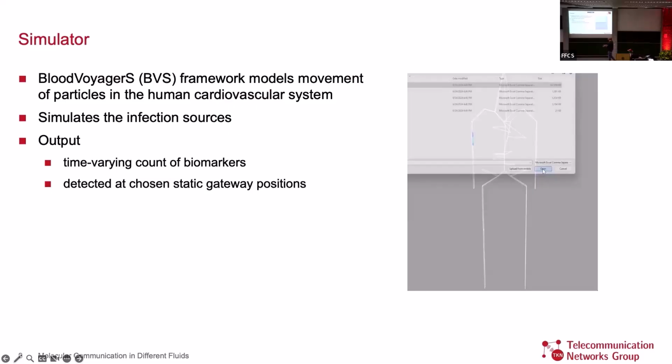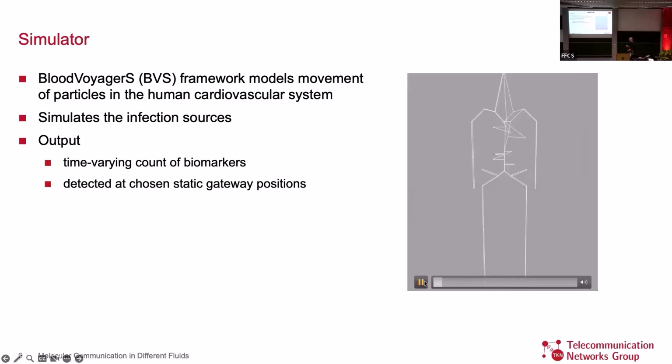So I already mentioned, of course, besides having our analytical tools, there is supposed to be a video playing, which doesn't play. Let's try. We also use simulation tools. There's one simulation tool that I can only recommend if you're interested in the field of molecular communication. It's called Blood Voyager, or the new version of this tool is called Melissa.